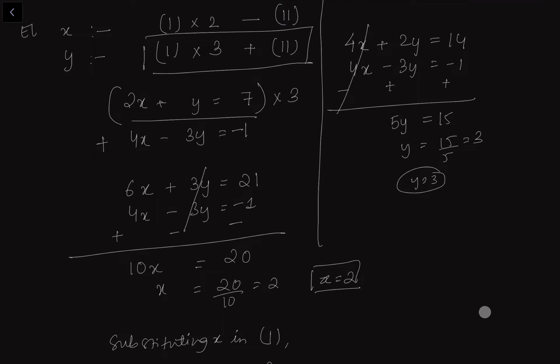So now lastly we will be discussing our graphical method. Let me write the equations first and correctly this time. 2x plus y is equal to 7, and 4x minus 3y is equal to minus 1.